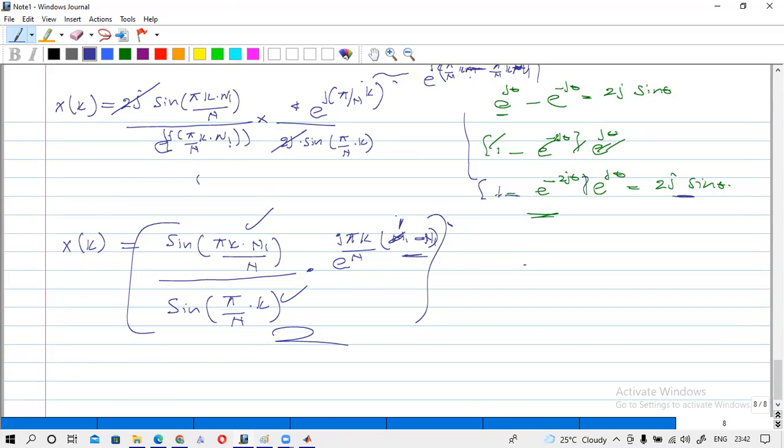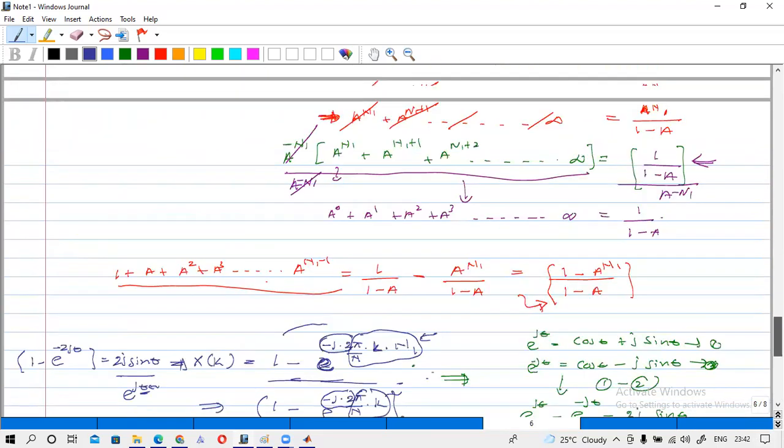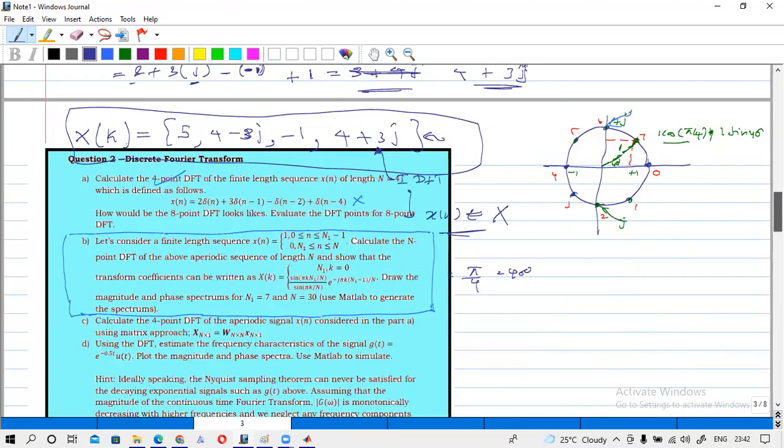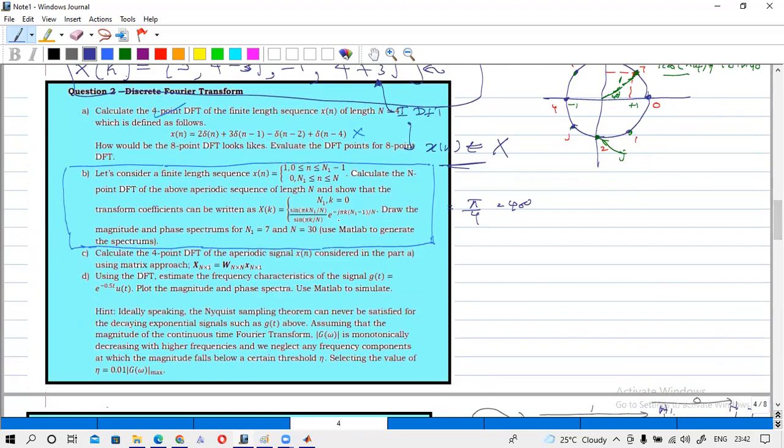So here 1 minus n1. You can take out the minus value and write it as n1 minus 1. So that is the way. So you have got this.